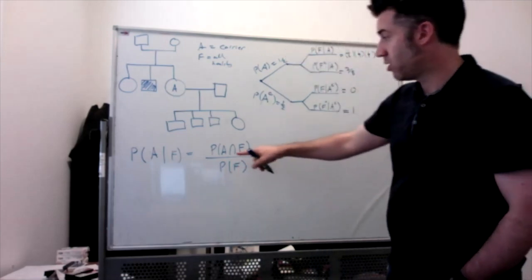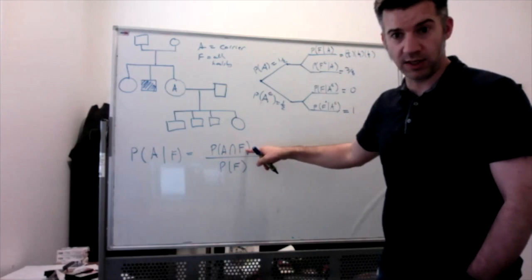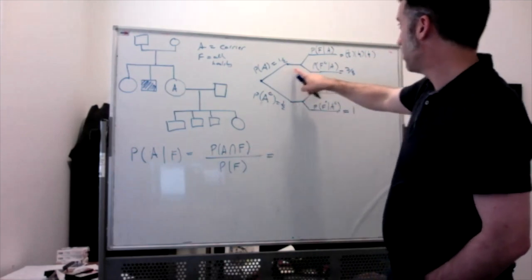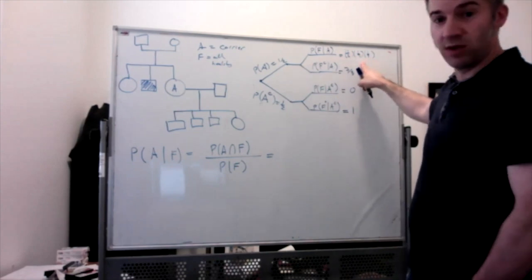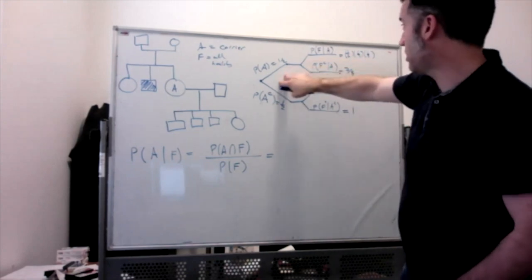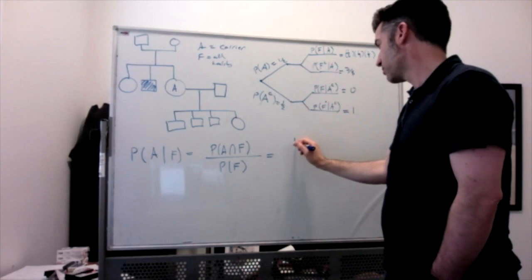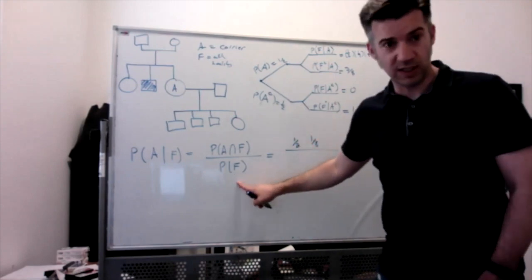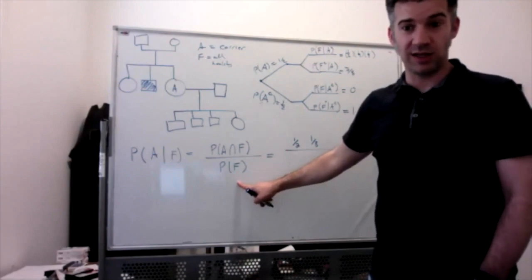So the probability of her being a carrier and all 3 sons being healthy is going to be 1/2 times 1/8. There's only one way to get there. You got this and you got this. The probability of all 3 sons being healthy is all the paths to get to all 3 sons being healthy.